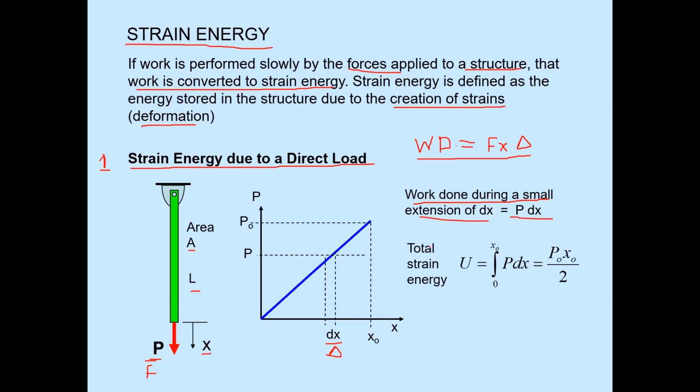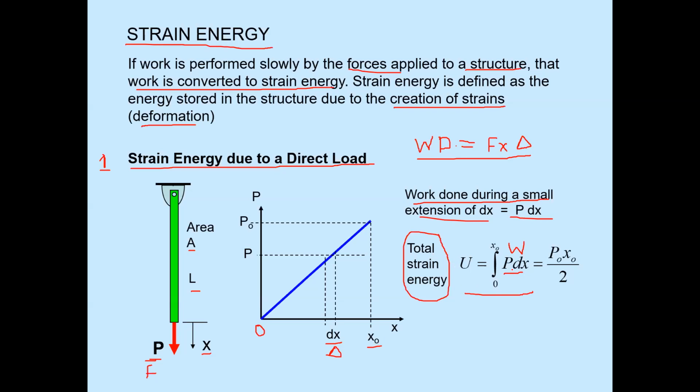Now, if we need to find the total strain energy due to the deflection, then we need to integrate the equation P into dx from 0 to x naught. The work done is converted to strain energy. So P into dx, which is W, is converted to the strain energy for a distance of 0 to x naught.